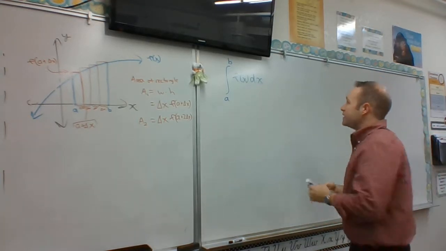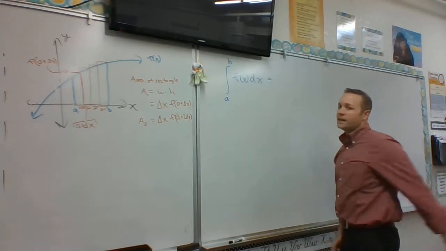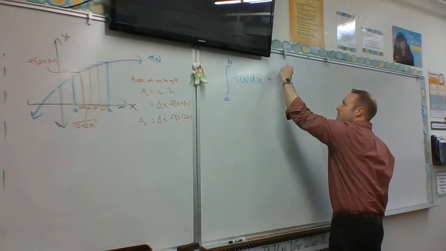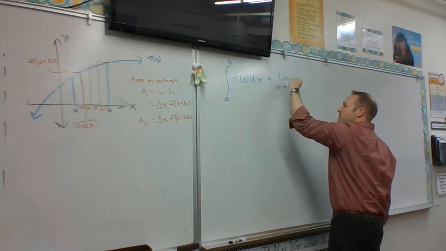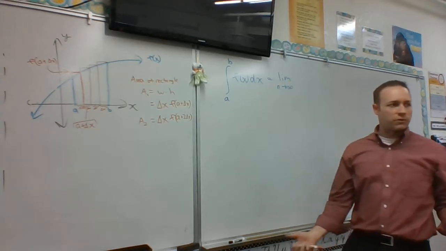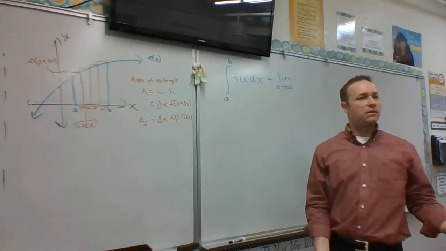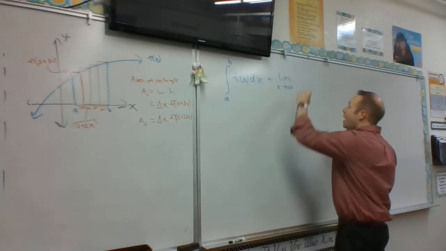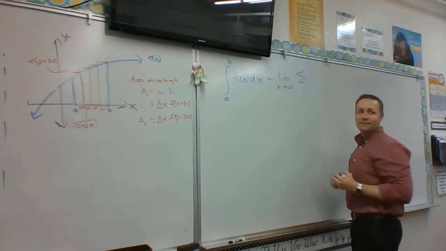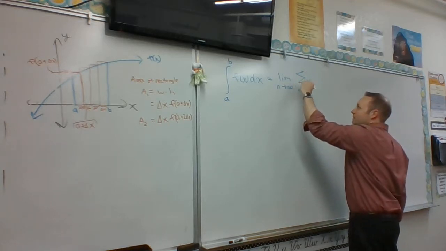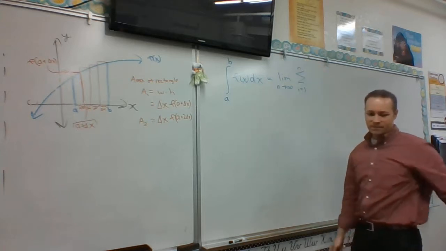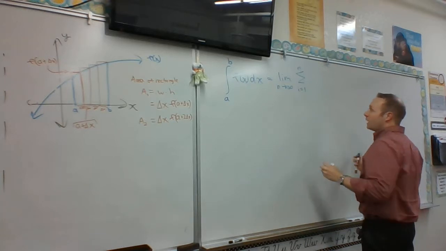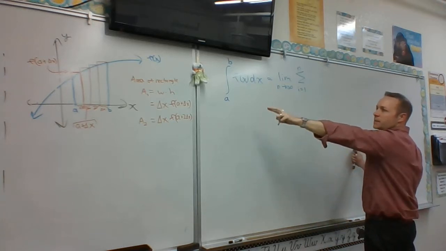Okay? And here's the formal definition of an integral in this case. So we're finding the limit as n approaches infinity. Guess what n is going to refer to? Basically how many rectangles we're dealing with, okay? Of the sum from i equals 1 to n of, I guess, the arrangement.